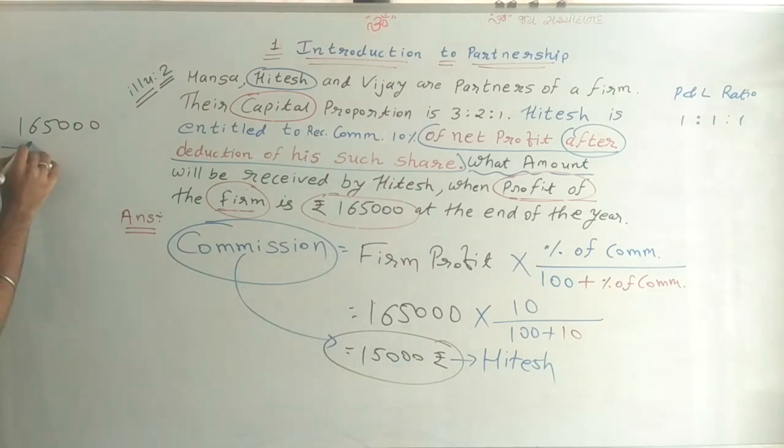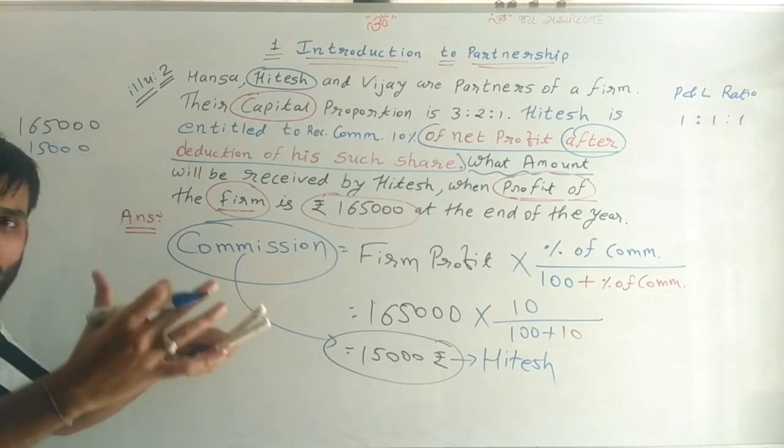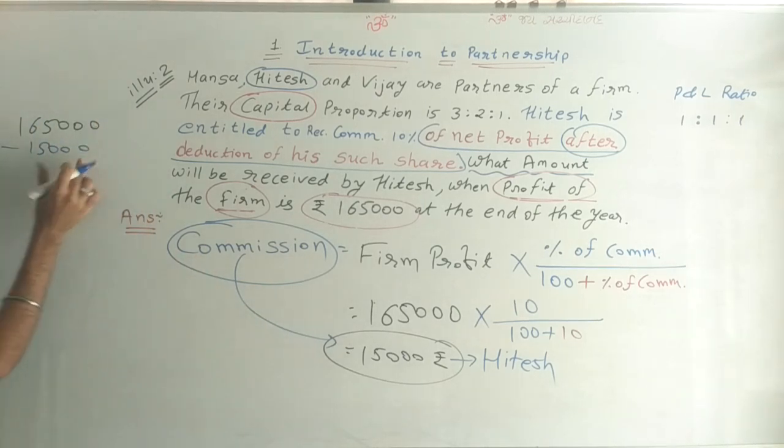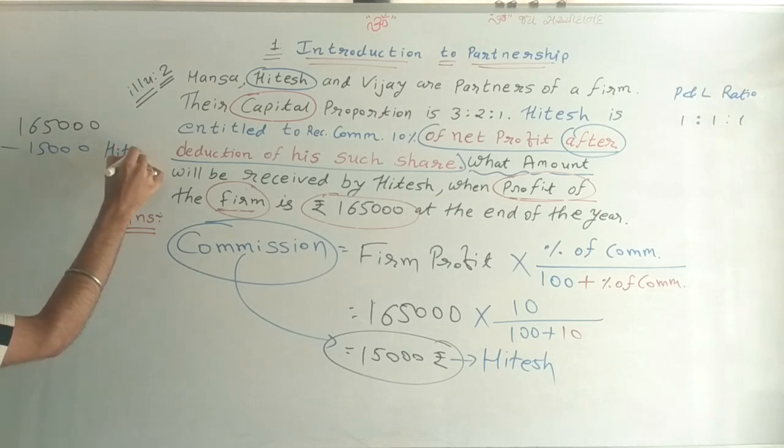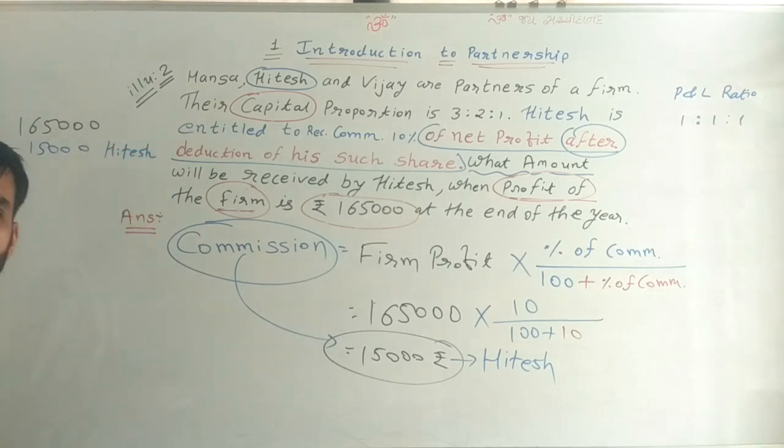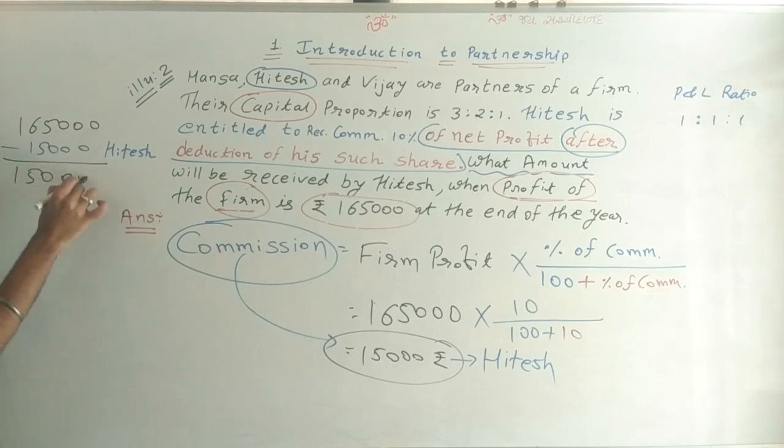So we are deducting the 15,000 commission, because the total 1,65,000 is the profit. From that profit, 15,000 is given to Hitesh. Now, what is the remaining profit? The remaining profit is 1,50,000 rupees.